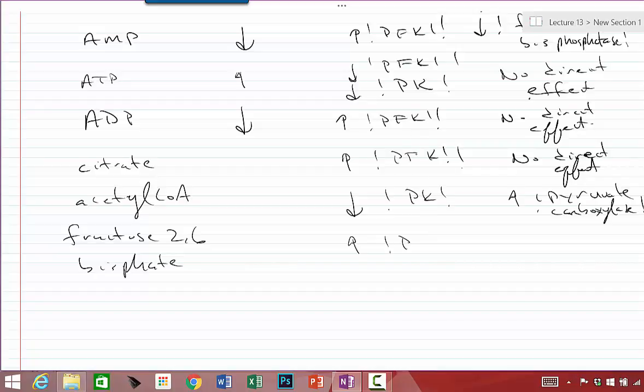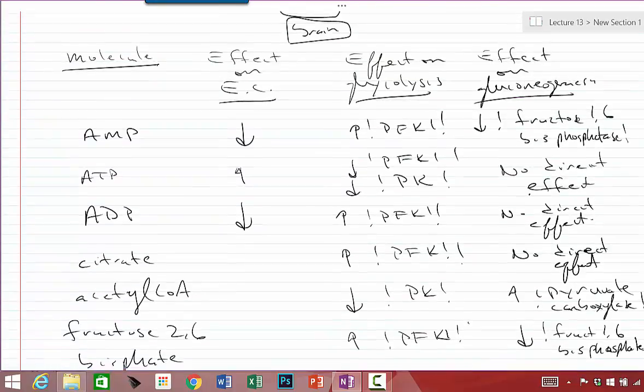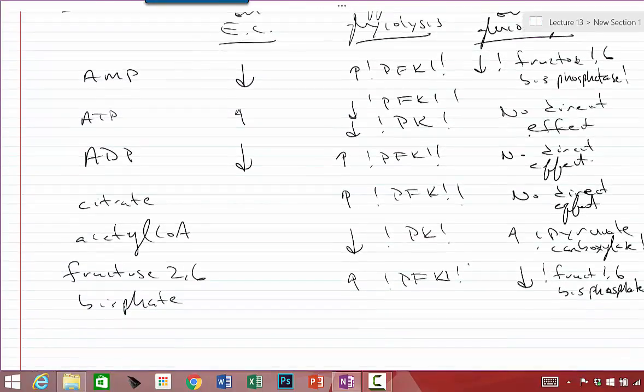That should be an F. Okay. And it's going to decrease fructose 1,6-bisphosphatase. Okay. My purpose of showing you this is to give you a general idea of a few things.